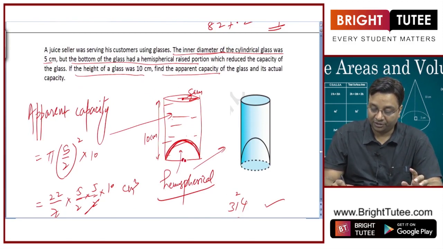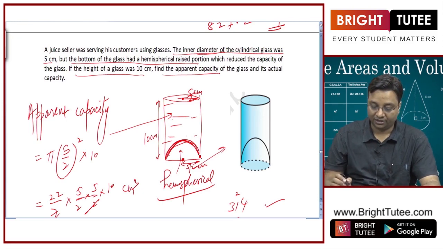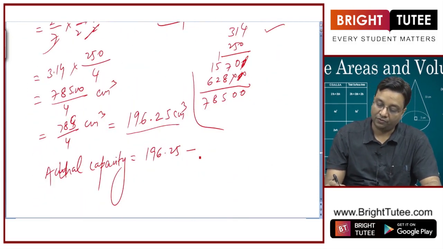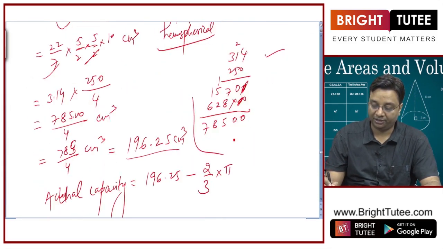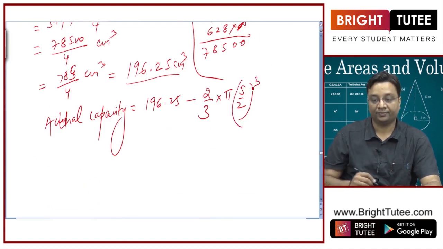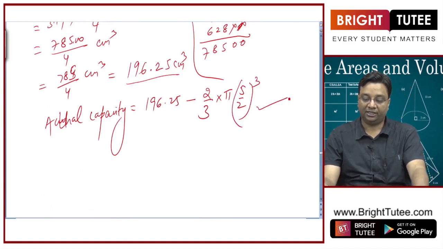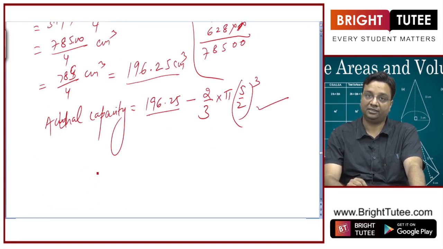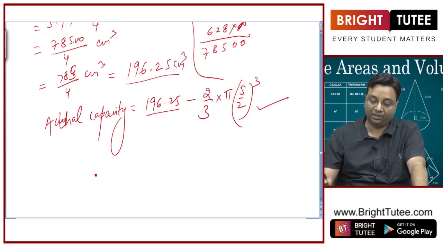The radius of this hemisphere is also 5 by 2 centimeter, right. So volume of hemisphere is 2 by 3 pi r cubed, r is 5 by 2 cubed, okay. Now you can calculate it separately and subtract from 196.25 to calculate the actual capacity.